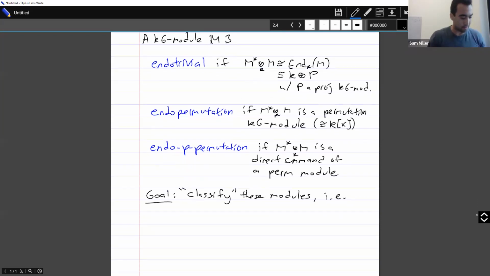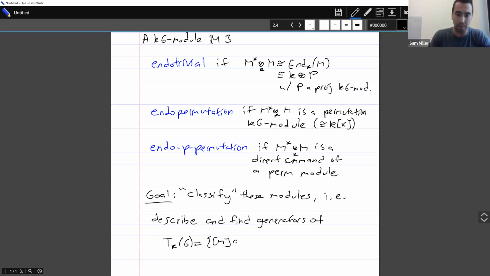Well, we want to describe and find generators of, so I'll stick to endotrivial modules here, T_kG, or just TG, which is the set of isomorphism classes of endotrivial modules in the stable module category of kG, where M is endotrivial.